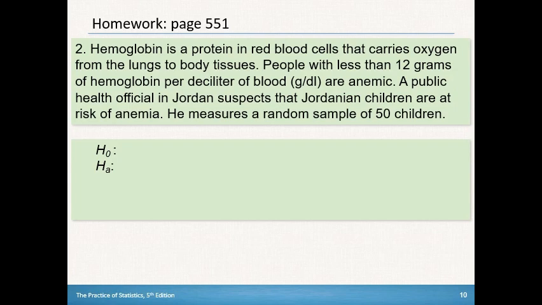So he measures a random sample of 50 children, obviously Jordanian children, in Jordan. Okay. So set up your null and alternative hypothesis. Remember, the null hypothesis always includes an equal sign. And think about whether we're dealing with proportions or with means here.